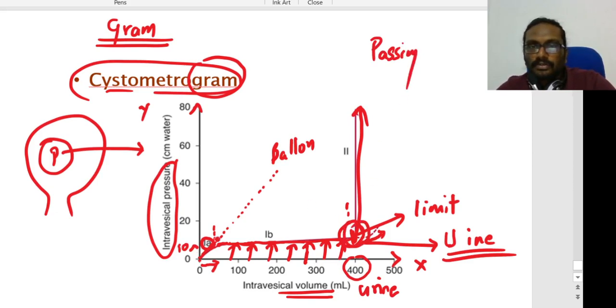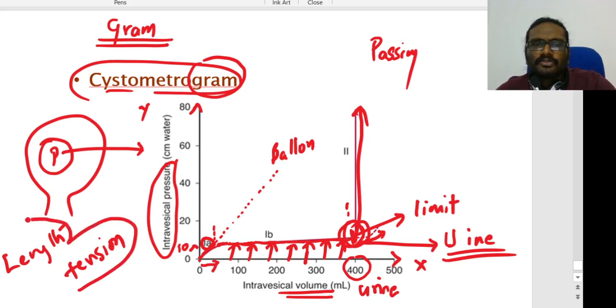You learn the details of this when you learn renal physiology. At this point, what is more important is a peculiar type of length-tension relationship. This length-tension relationship is completely different from that of cardiac muscle.